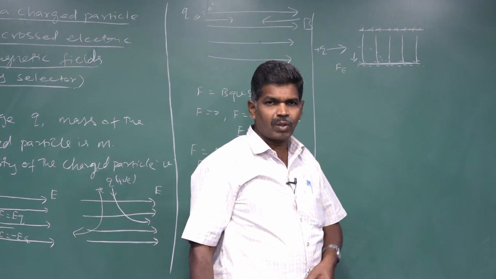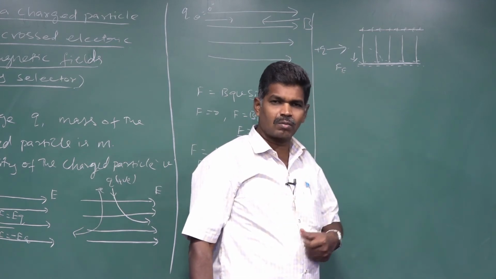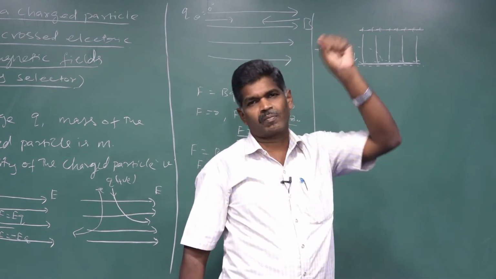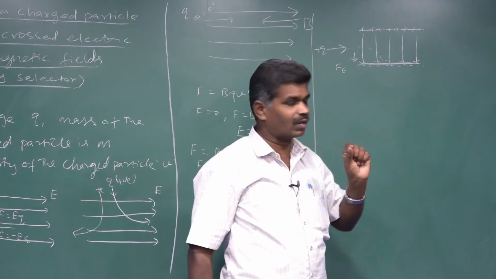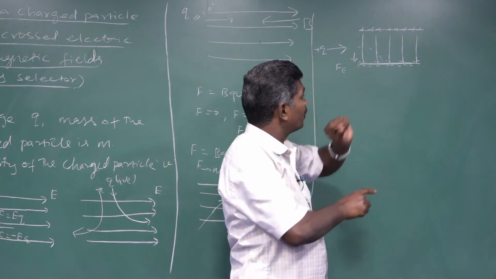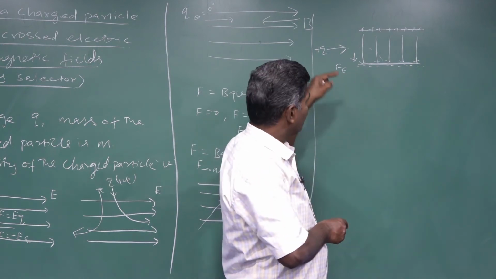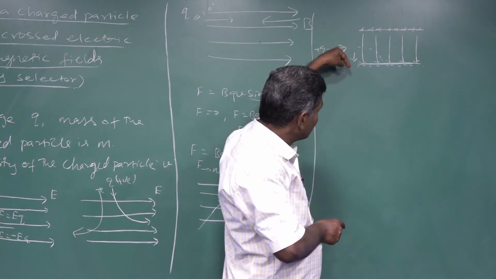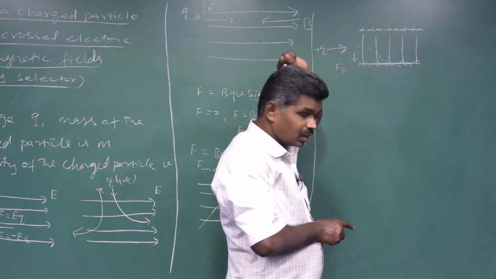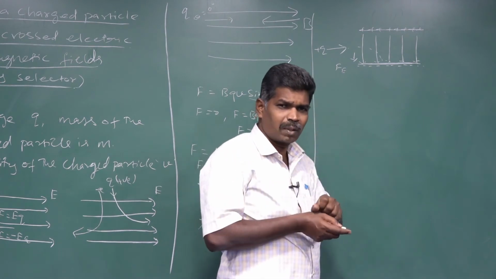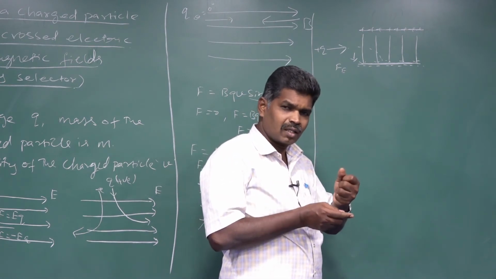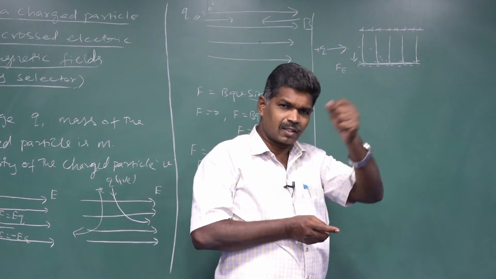But we want the charged particle to move with the same velocity, in the same direction, without deflection. Because of the electric force, it deflects in the downward direction. If you apply the same amount of another force, the charged particle can move in a straight line.